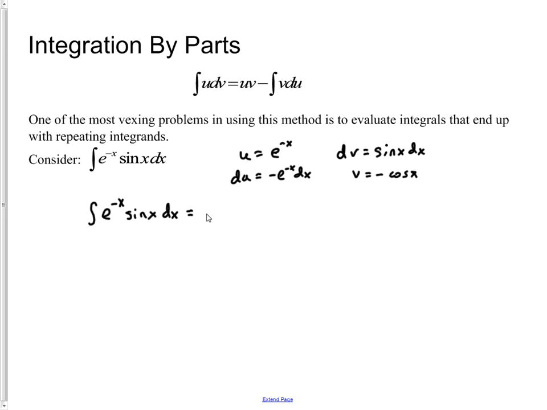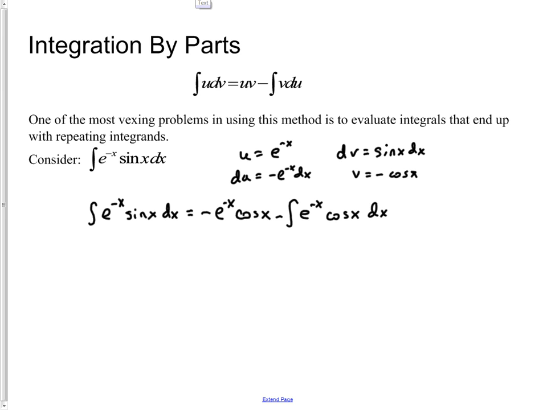We end up with this expression right here, u times v, so negative e to the negative x times the cosine of x minus, and then it's v du, so we've got a negative cosine of x and a negative e to the negative x, so minus e to the negative x times cosine of x, right? Those two other negatives cancel out, dx, all right? And now we've got another integration by parts problem, right?